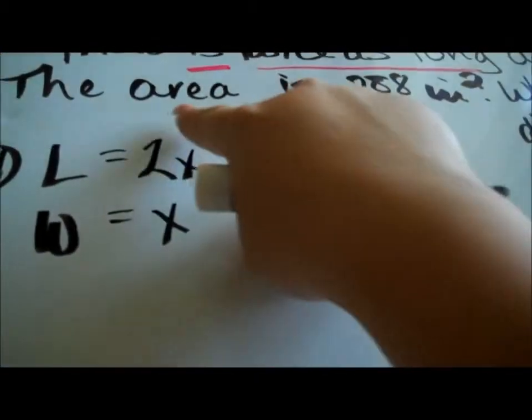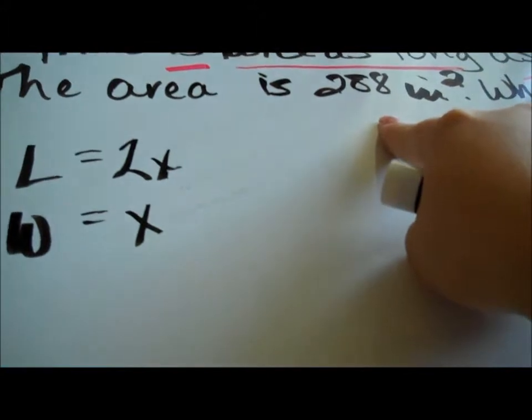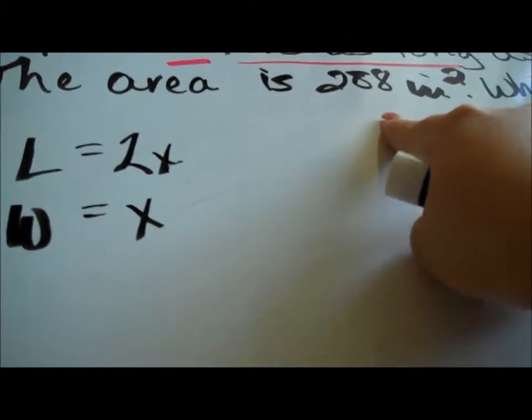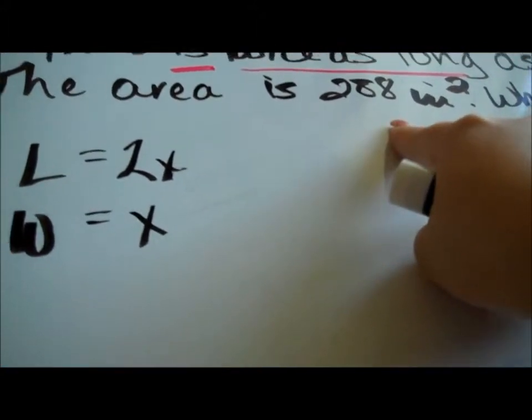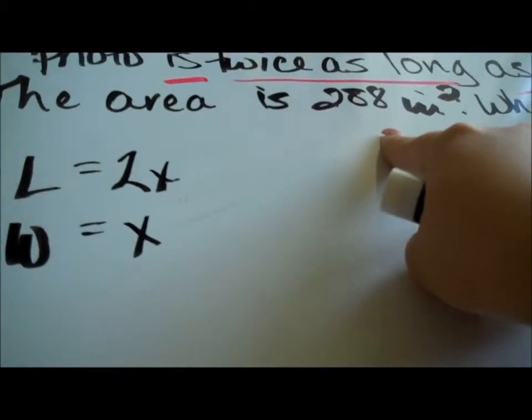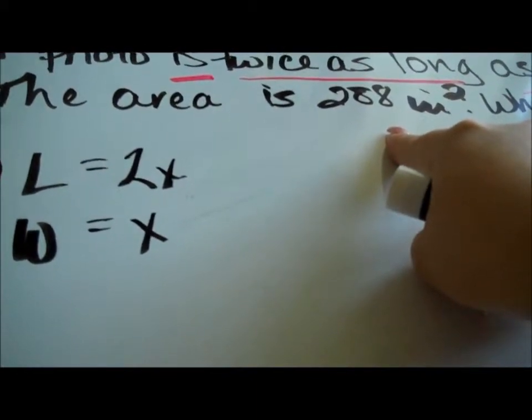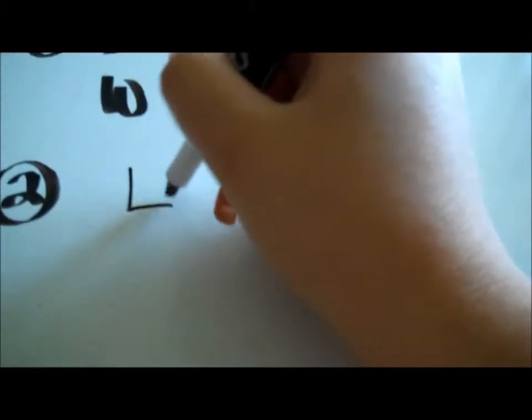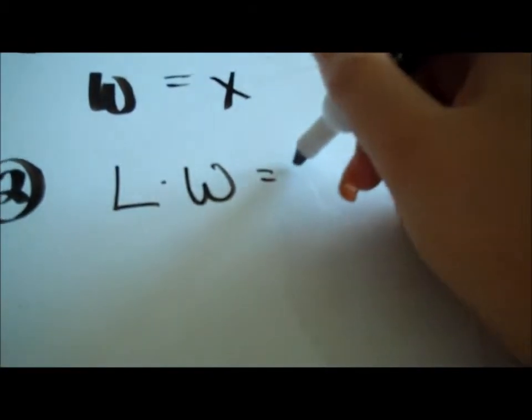Okay. Step number 2 is you need to come up with an equation. It tells you that we're working with area. A photo is a rectangular shape, so we're going to have to use the formula for area of a rectangle. Area is length times width.